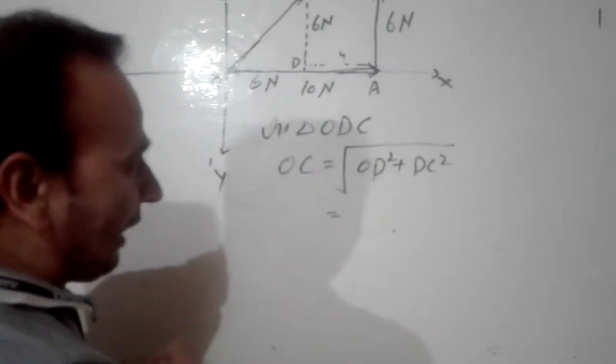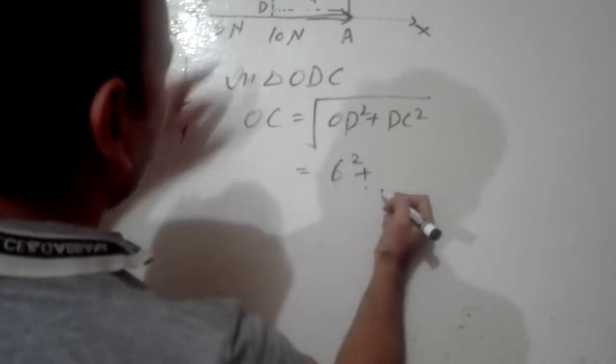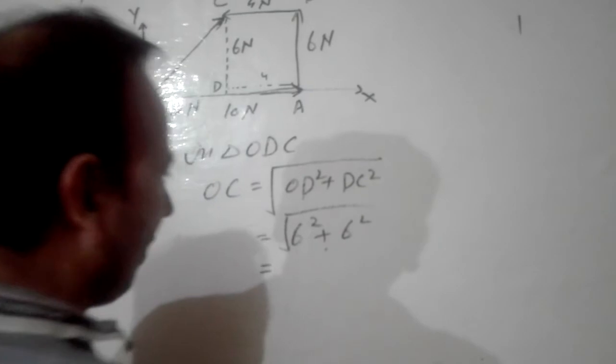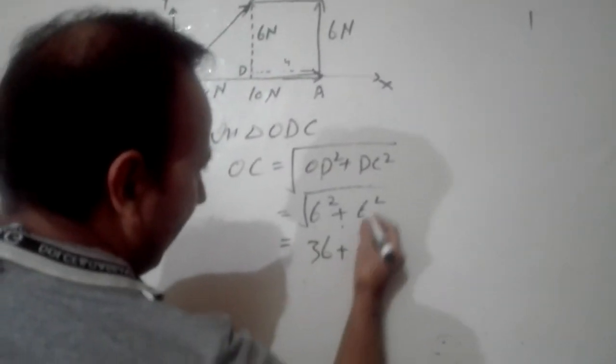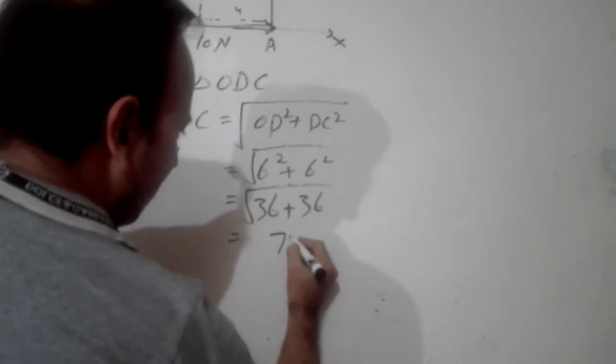Now simply put the values. What is OD? OD is 6, square of 6. What is DC? DC is 6, square of 6. Now, what is square of 6? That is 36. And again 36. When you add these, you will get 72.